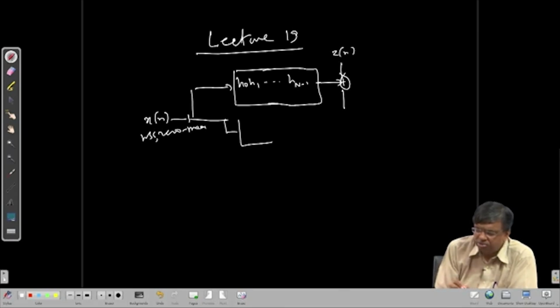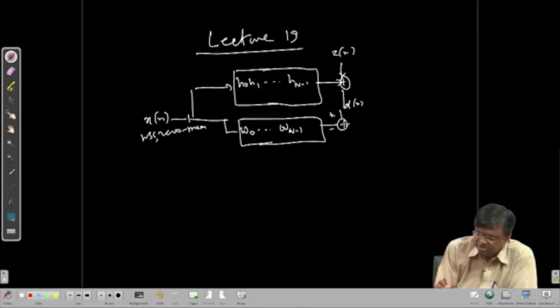Then I have an optimal filter W0 ... Wn minus 1, and this is Dn. So, essentially this error variance is to be minimized.